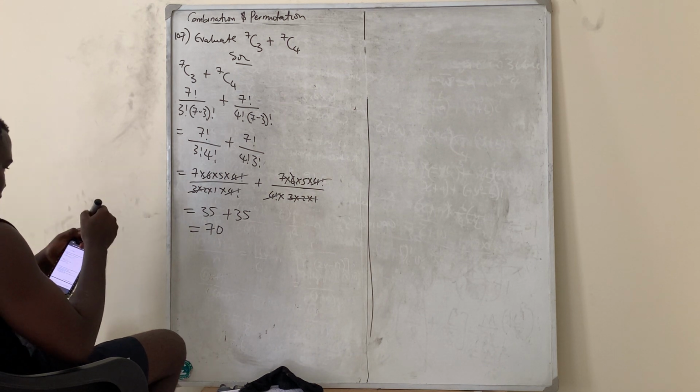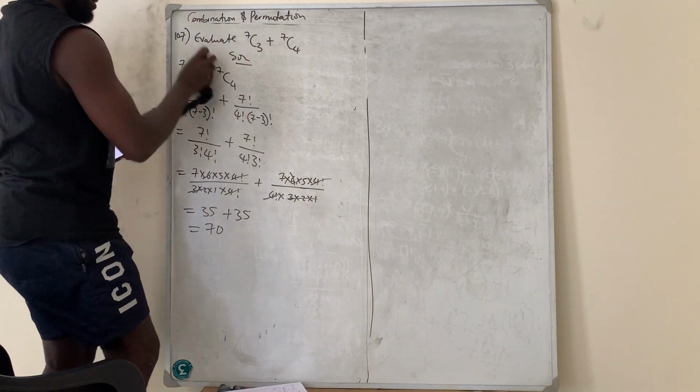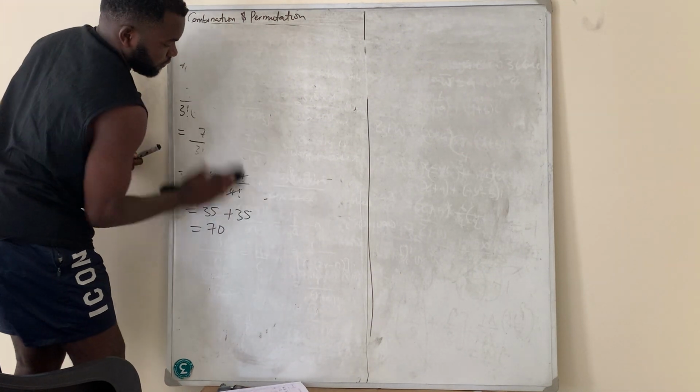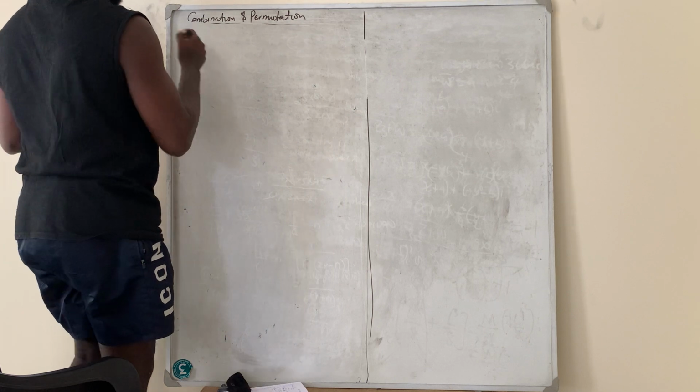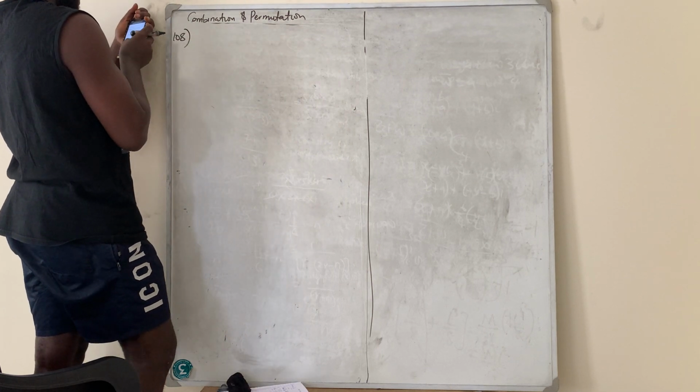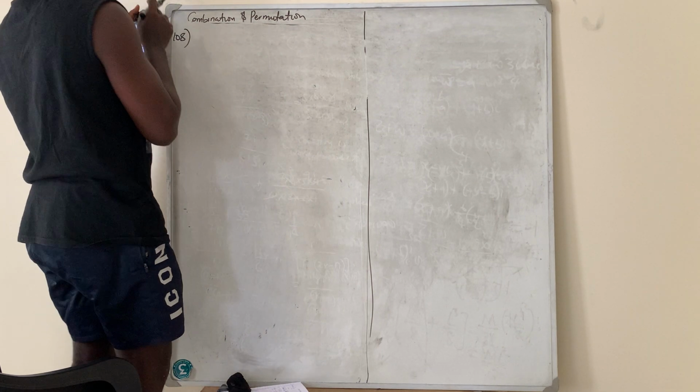So we move to the next question. Question number 108. Don't forget we are solving combination and permutation.